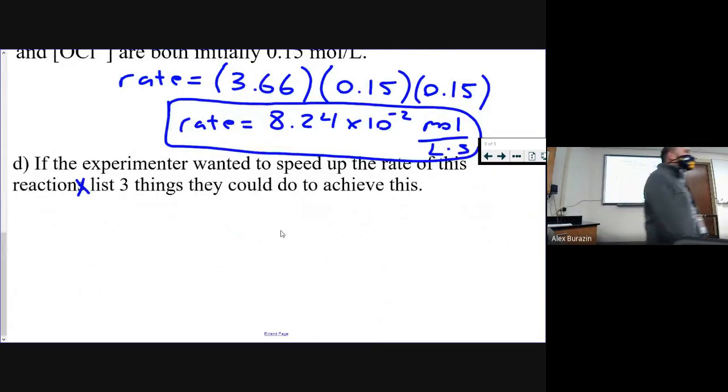Do we have to say specifically a higher concentration or lower reaction concentration? I'm saying all 3 steps. So if I have more stuff, I have more fluid.